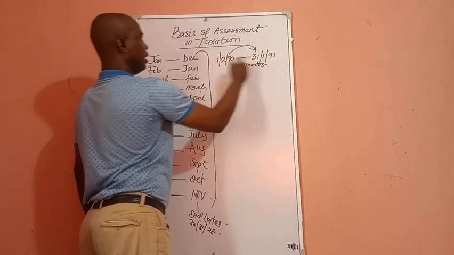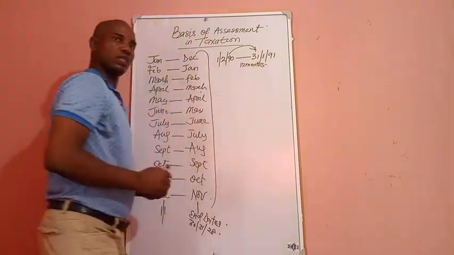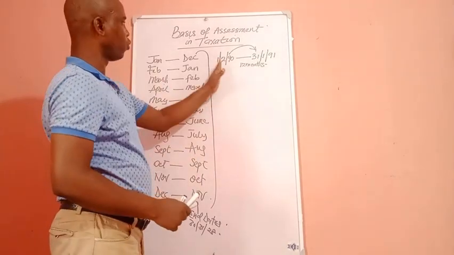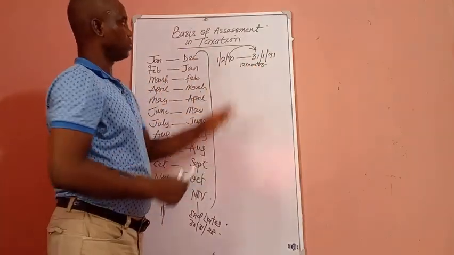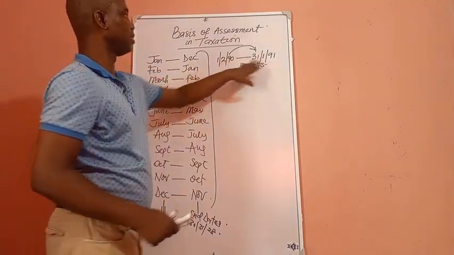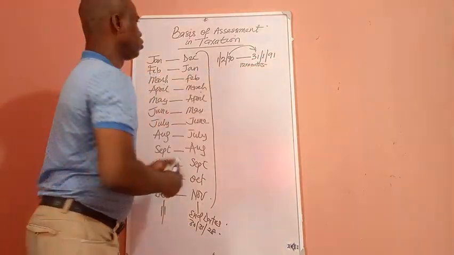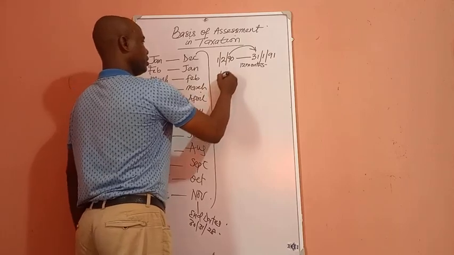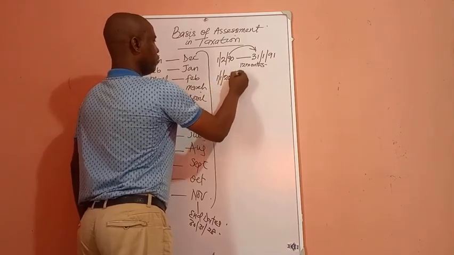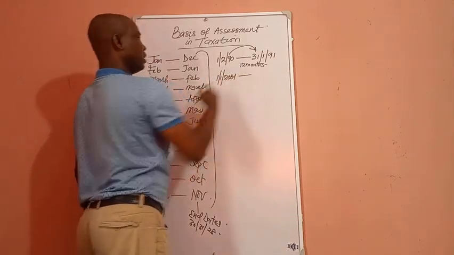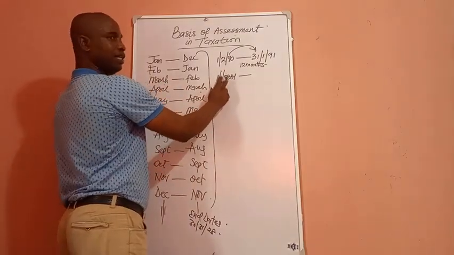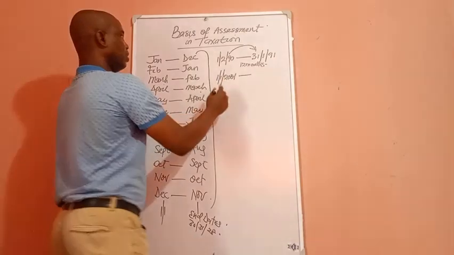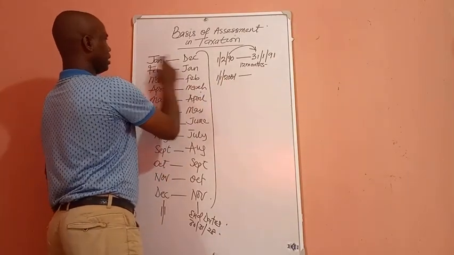Why do we have 1990, 1991? Because it does not fall in January to December. The only place we have the same year is when this date is 1st January 2001, for instance. Now this is January 2001. If you need 12 months from this date, this date and this date are the same.